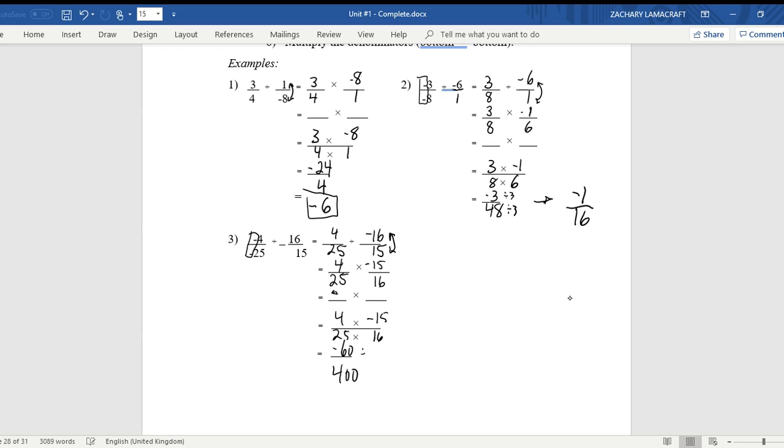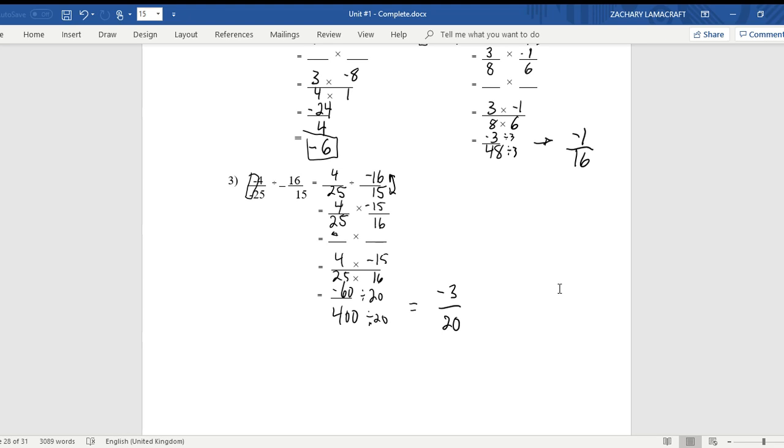And we can actually, this one's a little tougher, but we can divide both of these by 20. Negative 60 divided by 20 is negative 3, and 400 divided by 20 is 20. So our final answer would be negative 3 over 20.